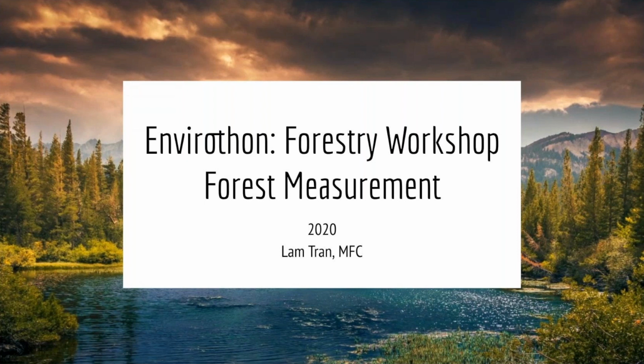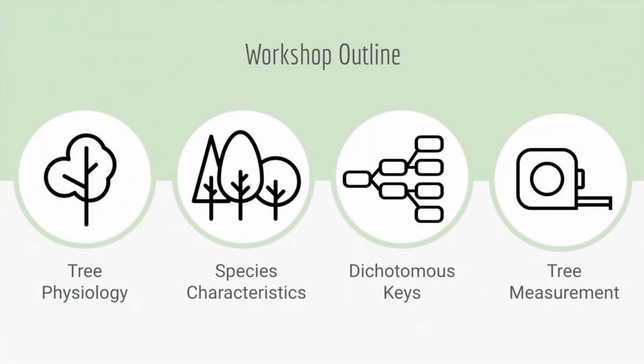I hope that at the end, you'll walk away with some skills that can be applied to the trees in your own community. So let's get started. For this workshop, we'll start off with a little bit of tree physiology before we transition into different species characteristics. From there, we'll learn how to use a dichotomous key, and then we'll wrap up with tree measurement.